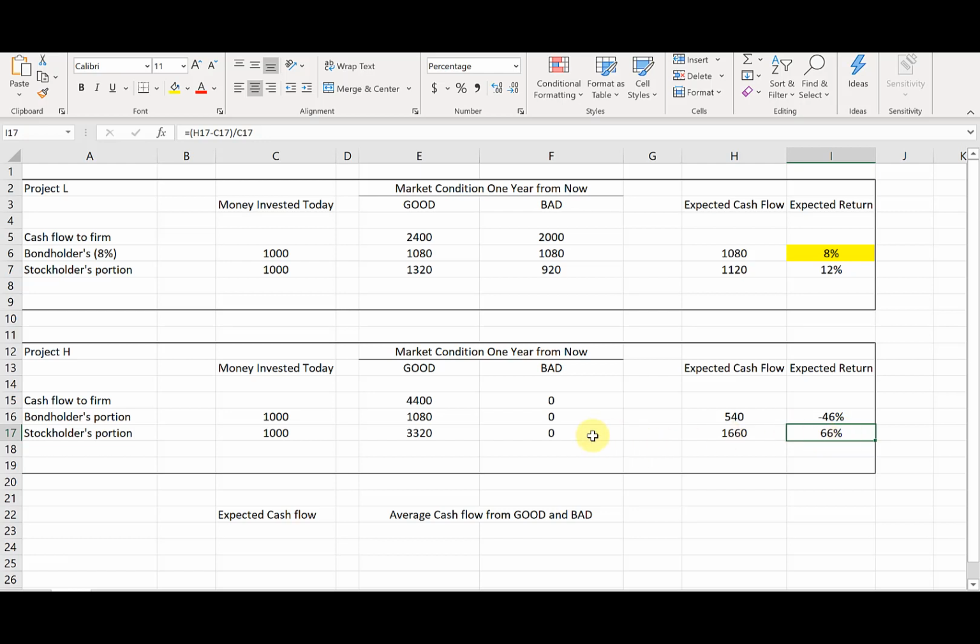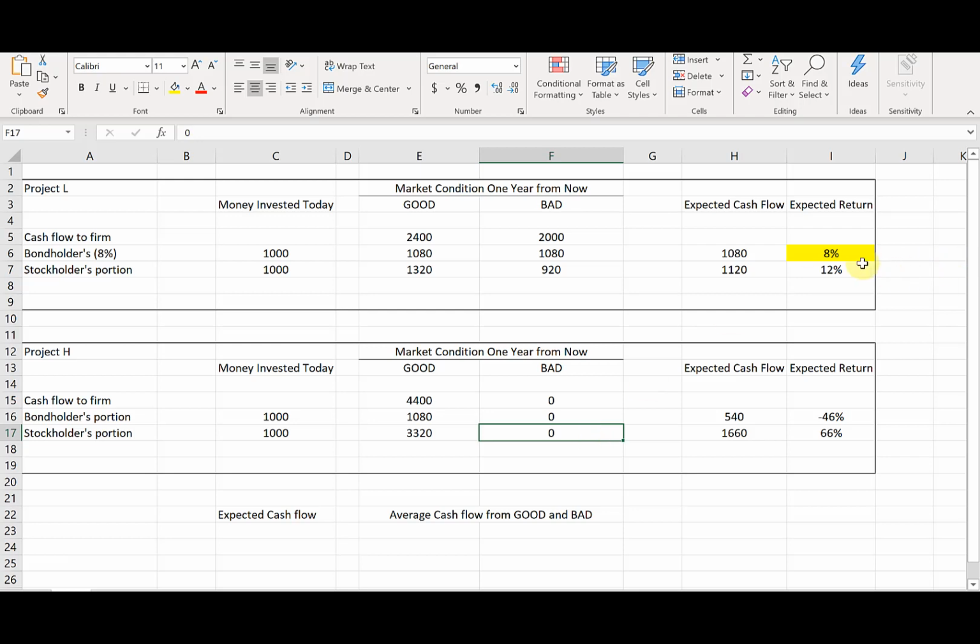So yes, there is a chance of making a loss, and stockholders would probably not want companies to keep taking higher risk projects. But compared with bondholders, they have a higher tolerance for risk because they could potentially receive that additional amount in return.